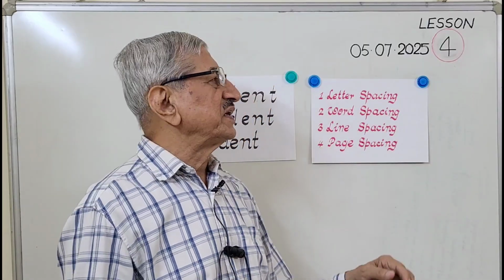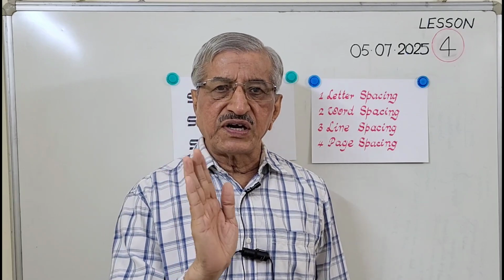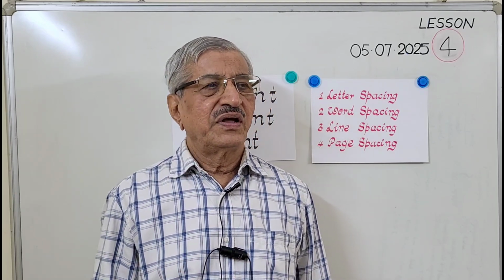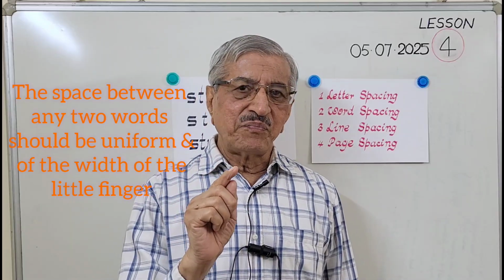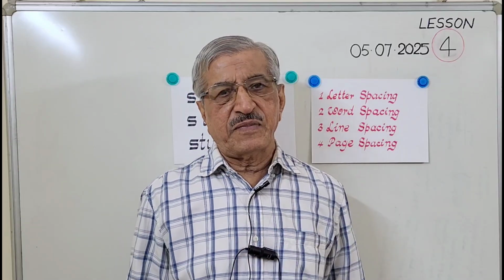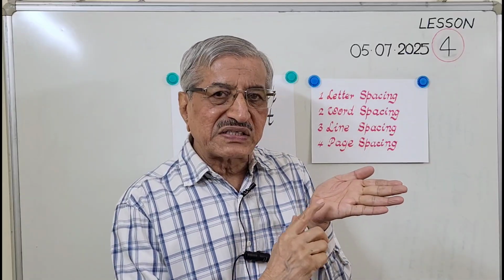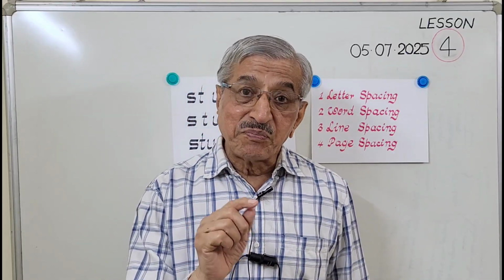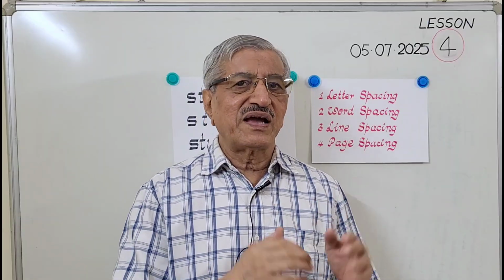The second thing is word spacing, the space between one word and another word, or any 2 words. Now let me take the example of a mobile. When you are typing, after you type one word, you will press the space bar below, a long bar, space bar. Now there will be a gap.